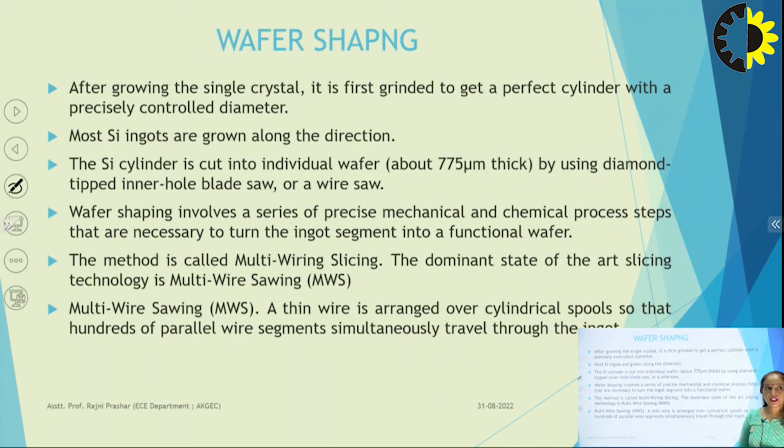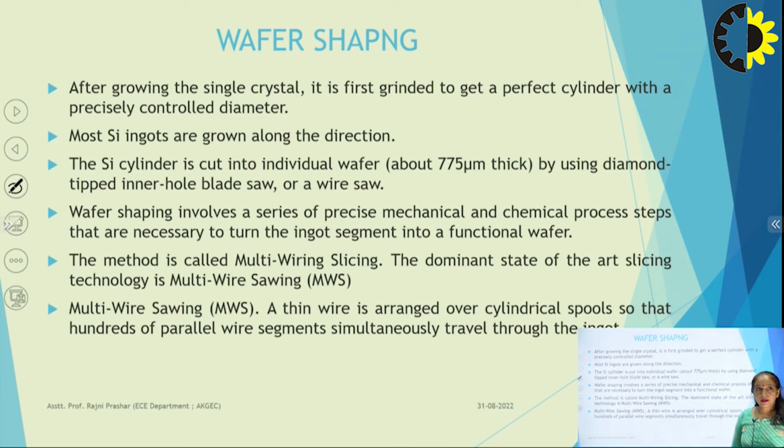Next is wafer shaping. After growing the single crystal, it is first ground to get a perfect cylinder with a precisely controlled diameter. That diameter is precisely controlled with the help of process parameters present in the CZ furnace.